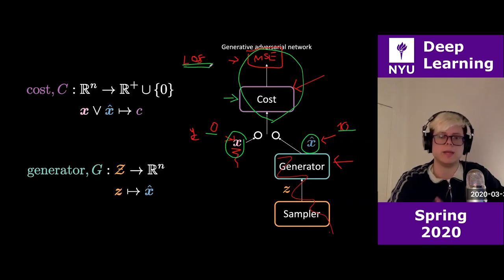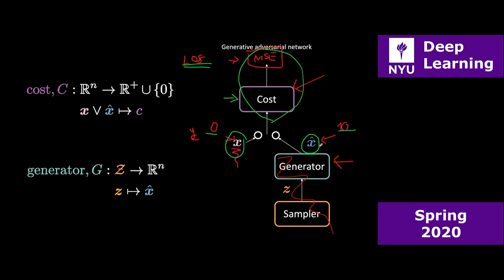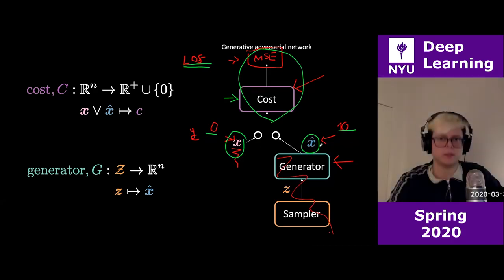So now we have a network which outputs 0 if I put in a pink input, and outputs 10 if I input a blue input. So far, are you with me? Yeah, so the cost network will generate a high value for blue X, right? Yeah, that's what we train this cost to do.